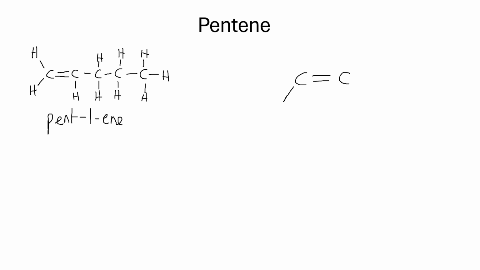And then coming off this one here, you're going to have a CH3 group and a hydrogen, and then a CH2, CH3. I'm kind of blurring my types of structures here just to make it easy to see, and then a hydrogen this way.